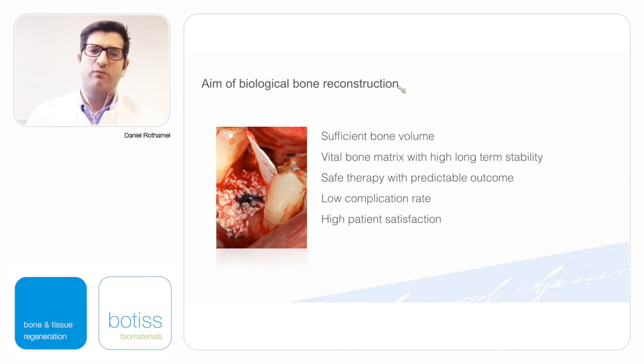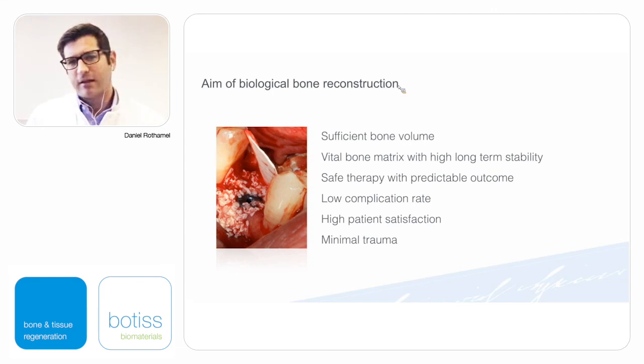But when we ask our patient what is the most important aspect for them, and I have this situation very often when I offer to solve a problem with an autogenous bone block or bone substitute material, the patients are expecting minimal trauma therapy, meaning that whenever they can avoid donor site morbidity, such as pain, swelling, and the risk of nerve injuries, of course, they will be more into an alternative therapy than putting themselves at risk of a complication.